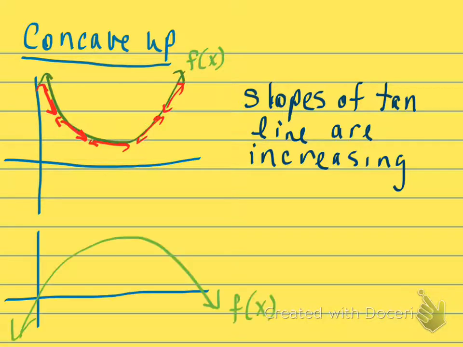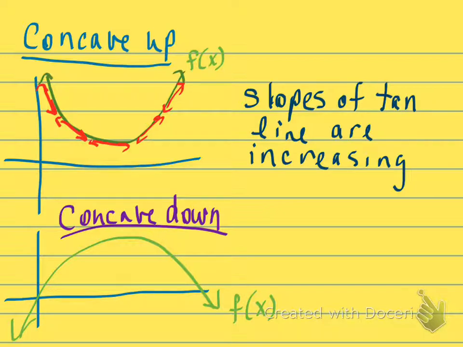Now notice that the opposite is what we call, oh, I forgot to write it, concave down. So a function that's sort of facing down is something called concave down.